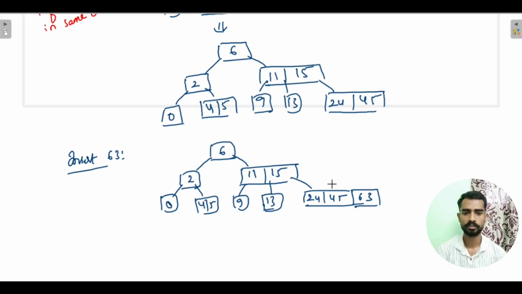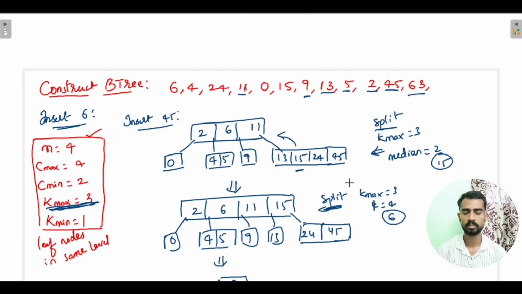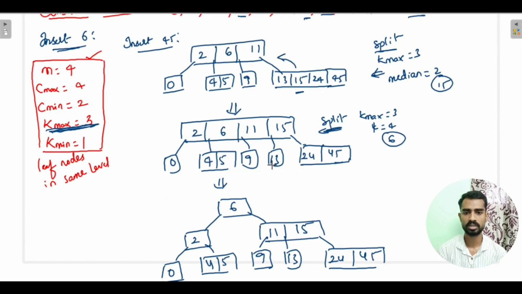So here if you see, the K-max property is still intact, it is not violating the K-max property, and if we insert one more node, that is when the property is going to be violated. That value is not in the problem, but just for you to understand, I'm trying to take one more value now. But in the insertion operation, this is the only situation where you will be confused, and I hope you have understood this particular insert step.